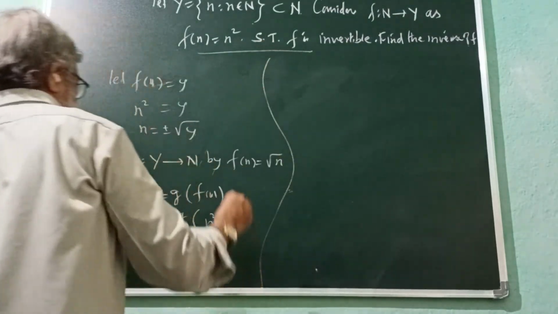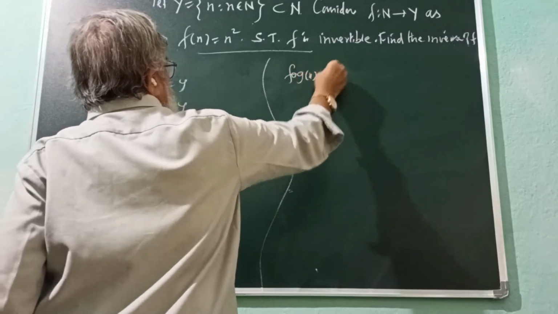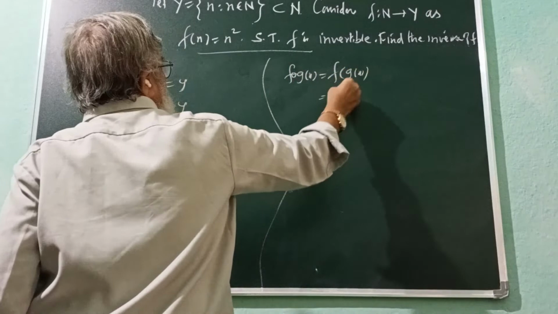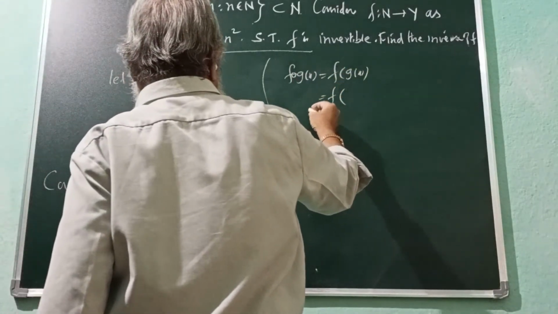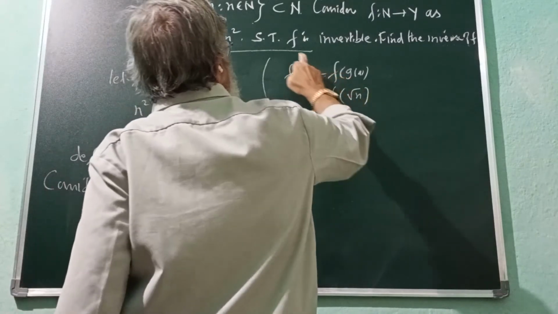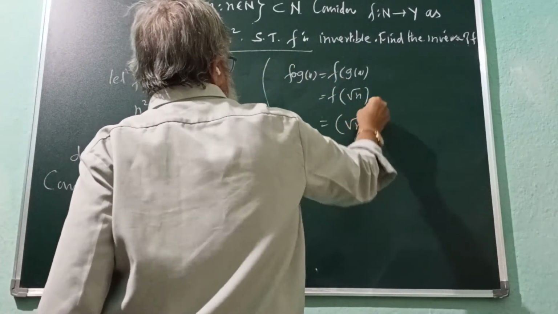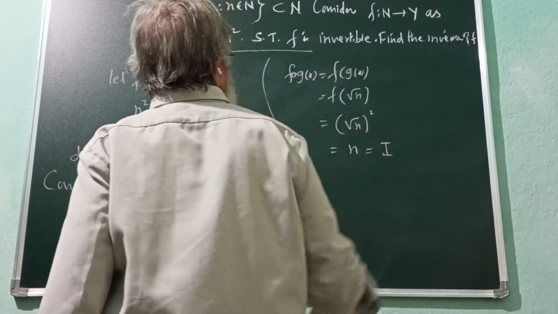Similarly, here f composition g of x, that is f of g of x. Apply f on that, we have to take the square of that. That is root of n, whole square, which is equal to n. Again, it is also the identity mapping.